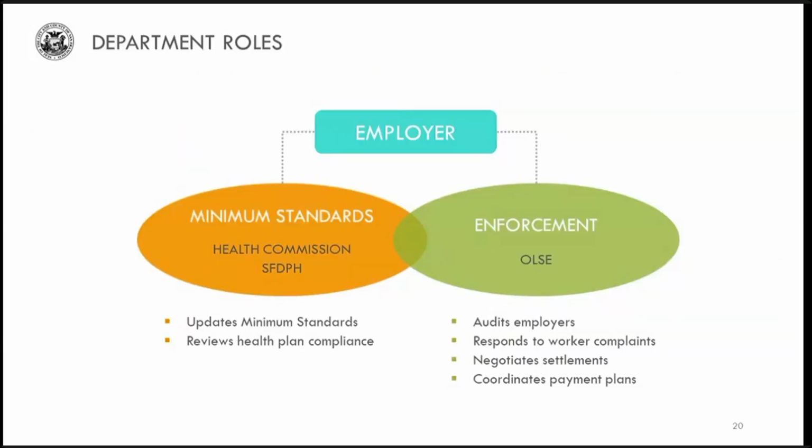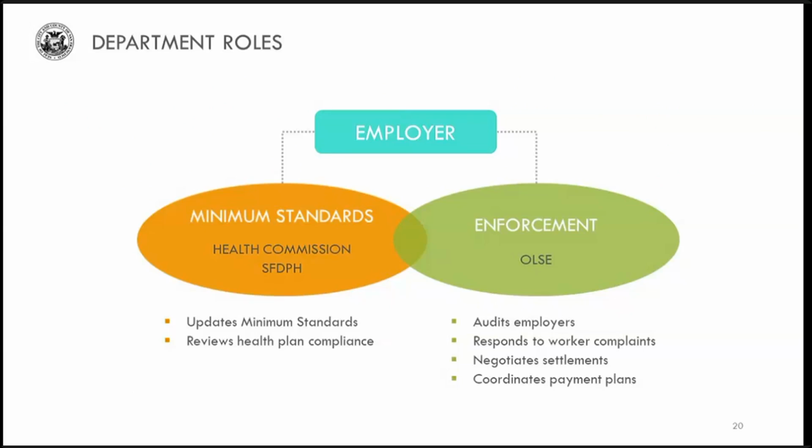Next slide, please. Before diving into the updated minimum standards, I want to discuss the relationship that the Office of Labor Standards and Enforcement, or OLSE, and DPH each have with enforcing the HCAO, and how you may interact with these agencies regarding your compliance with the law. As that diagram shows, DPH facilitates the process to update the minimum standards and reviews health plans for compliance.